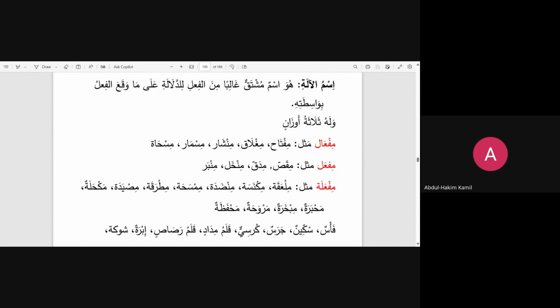It's on 3 different scales: مفعال, like مفتاح, مسمار, also مفعل, also مفعلة. All of them start with a kasra. Remember that. All of them start with kasr al-mim.